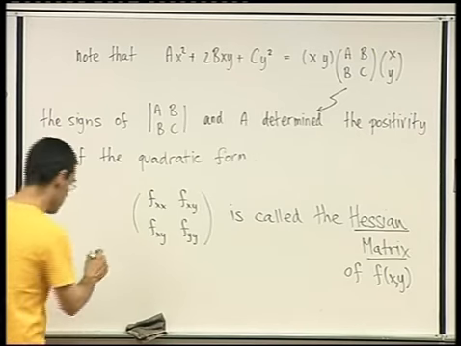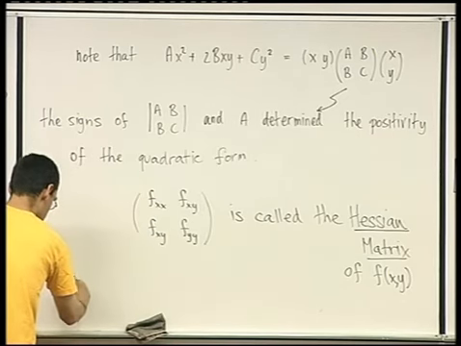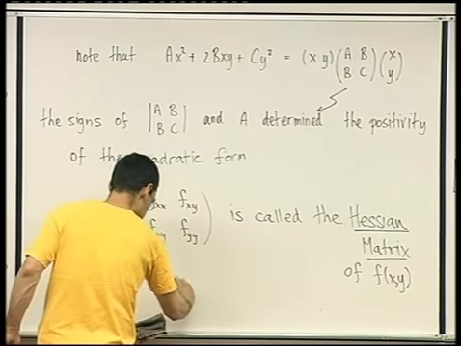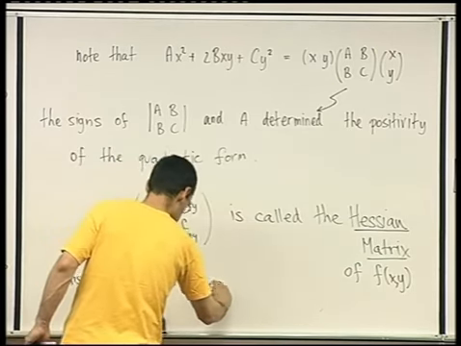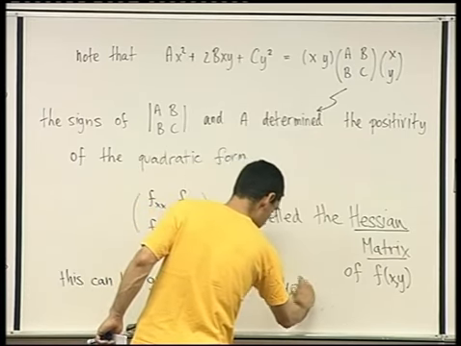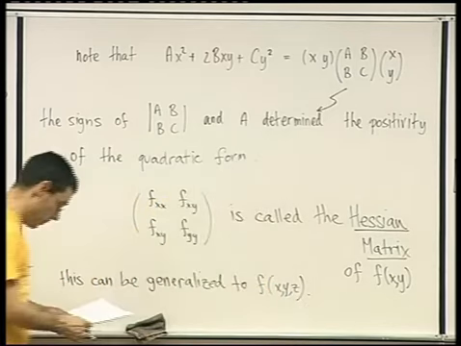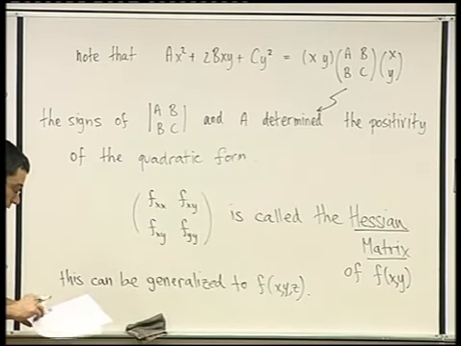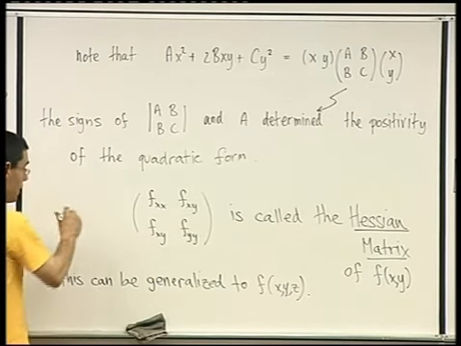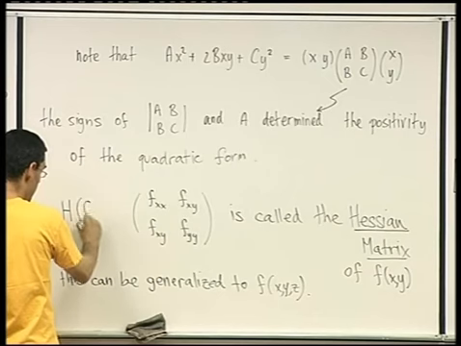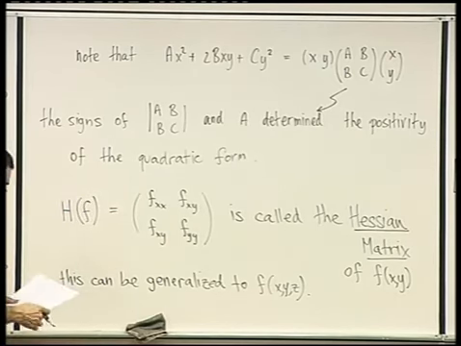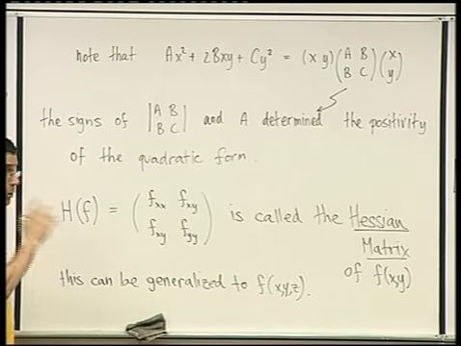So in general this can be generalized to fxyz, etc. We're not going to go into further details. I just want you to know that such a thing exists. It's usually denoted H of f, the Hessian of f, etc. Okay. Questions?